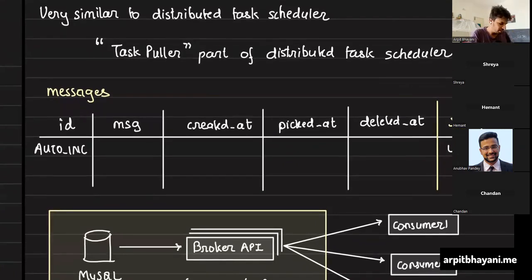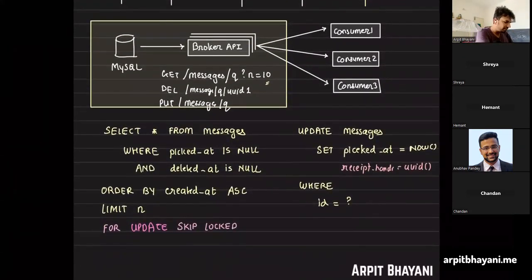Because what we are building is SQS on top of a relational database, which means we are building a broker on top of a relational database. So we have a database to store all the messages. We are writing SQL. All the messages are stored in a database in a particular format. Let's say we store all the messages in MySQL.